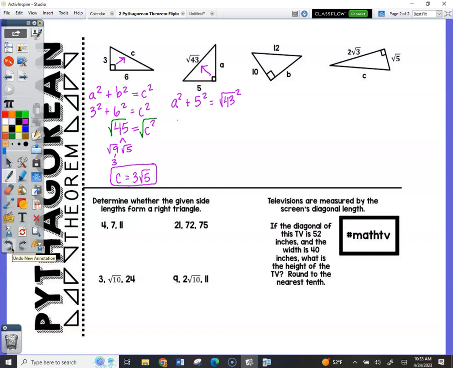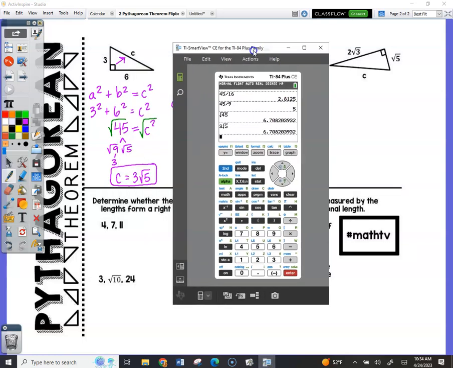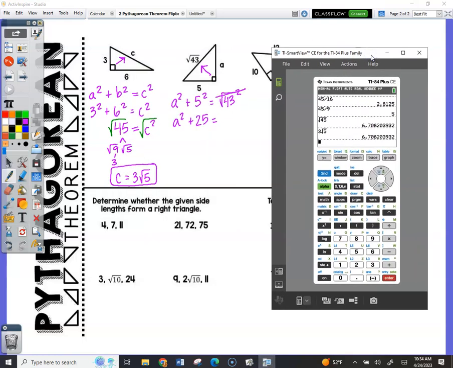What is 5 squared? Okay, and then what is the square root of 43 squared? What happens there? It's just 43. If you don't know how to simplify this in your head, these cancel, by the way, but let's say you forgot, you would just go to your calculator and type exactly what you see.